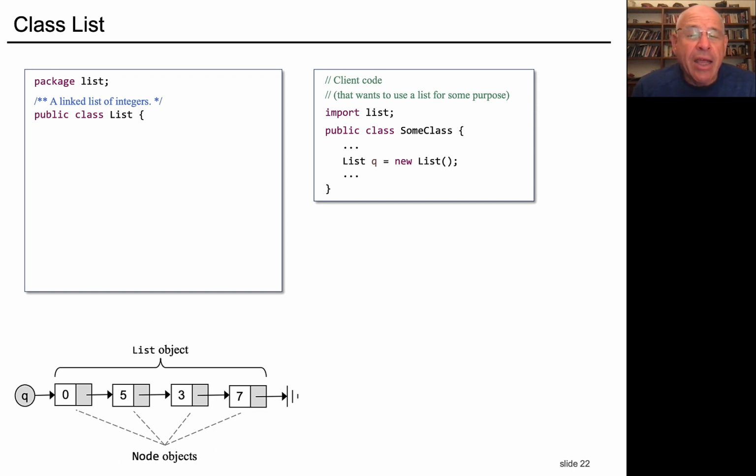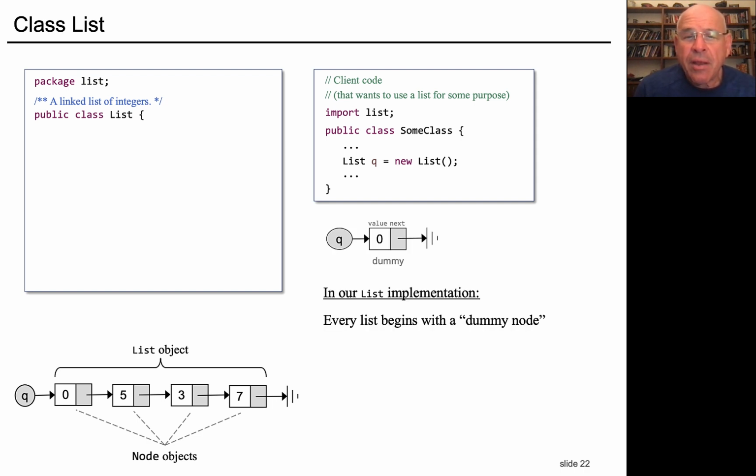Basically, I created an object variable called q of type list, and I suppose that's a good guess that I'm going to get an empty list. Okay? I'm guessing because I haven't seen the API of the list package yet, but actually that's what I get. Actually, this is what I get. I get a list that consists of a single node that has a 0 in its value field.